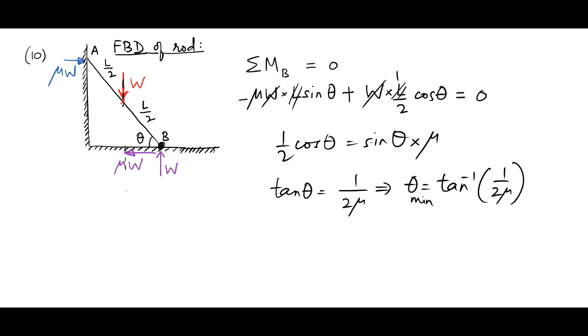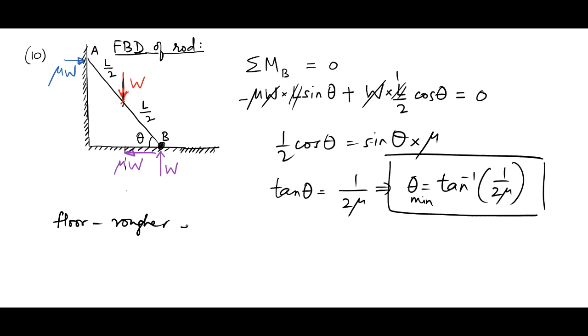Now there is another thing to note, very interesting in this question. We got a value of theta min as tan inverse of 1 by 2 mu. Now just imagine a scenario, an experiment in which the floor becomes rougher and rougher. So you conduct this experiment in which you find the value of theta min on successively rougher floors.